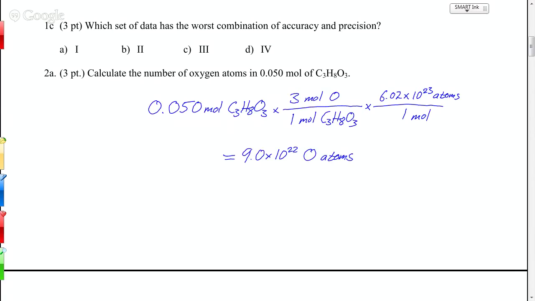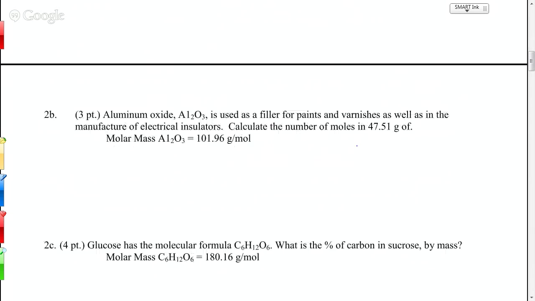Wait, that's not right. Is it? Wait. Yeah, it should be much lower than that. Oh, no, that's right. That's right. Okay, I was thinking negative. Yeah, that's right.